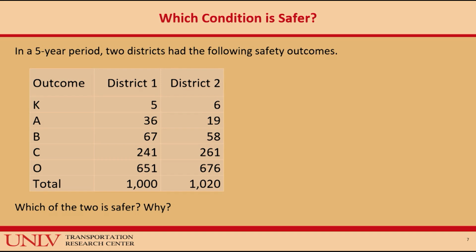The age distribution of the population is almost identical. The gender distribution of the population is almost identical. The travel demand, the supply are all identical. The only difference is what I am just showing you. The same number that I showed you on the previous slide, I am giving you a breakdown on the KABCO scale. Now, I will give you 1 minute for your teams to discuss and tell me which one you think is safer and why. Starting now.